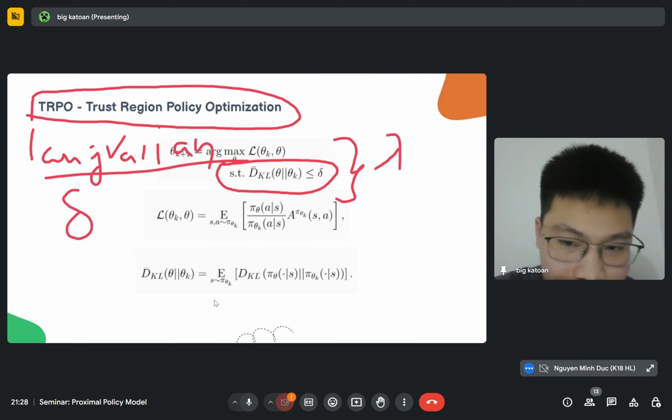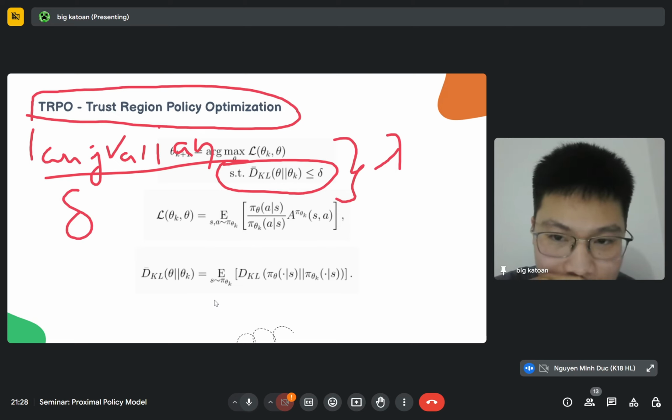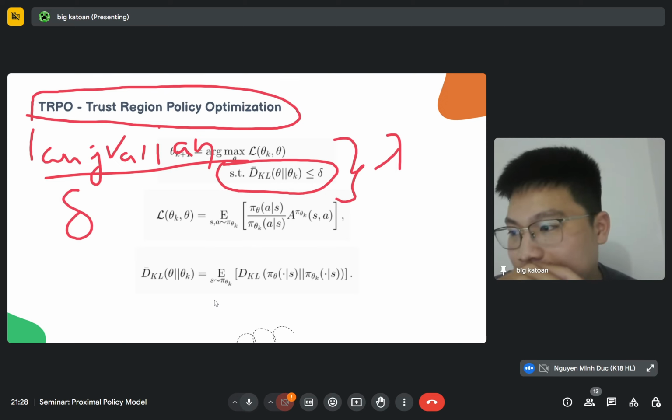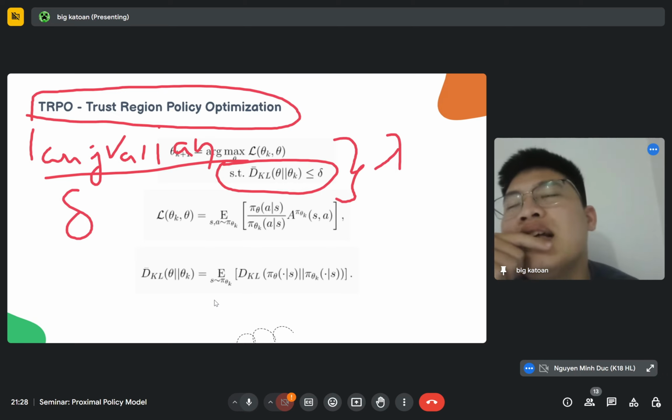So in order to update theta k plus one, we need to iteratively calculate the loss of theta k with all the previous time steps, right?